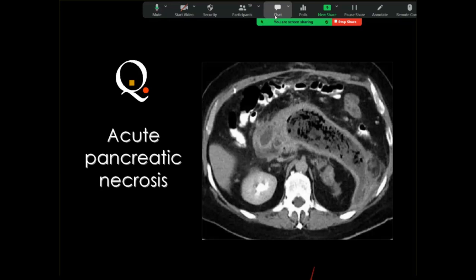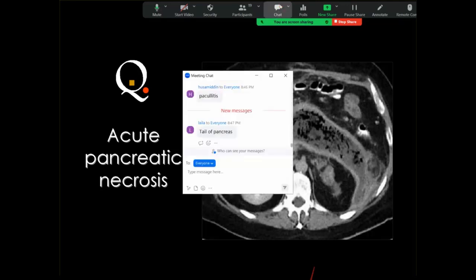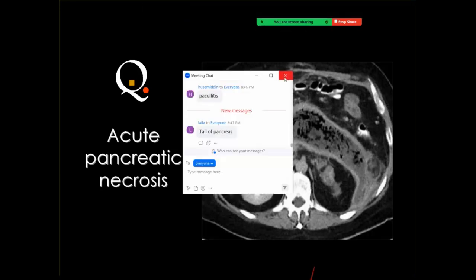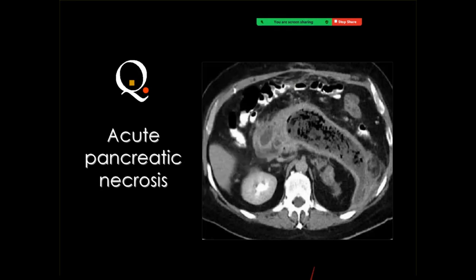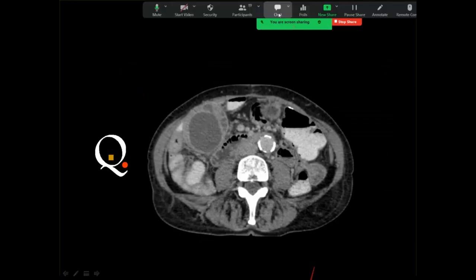Both can fit for this appearance, where you see that most of the pancreas is replaced by fluid and gas. These changes affect also the pancreatic body and the tail, with of course some reactive inflammatory changes in the adjacent peritoneal fat. Next case.